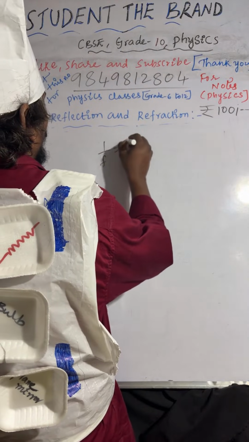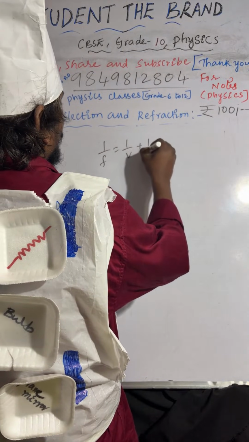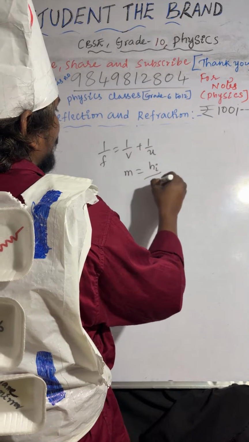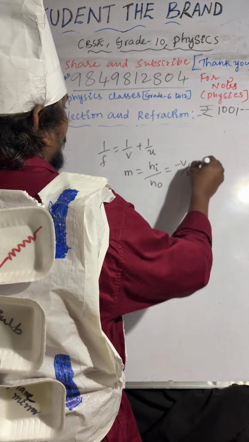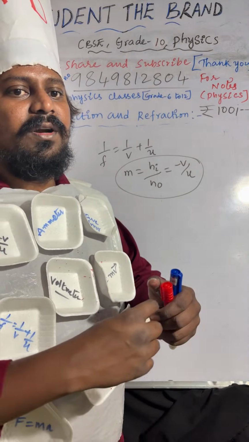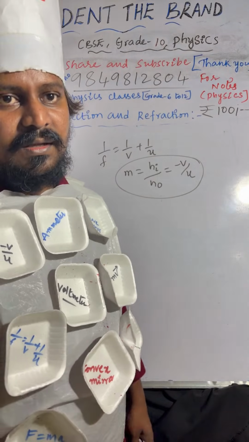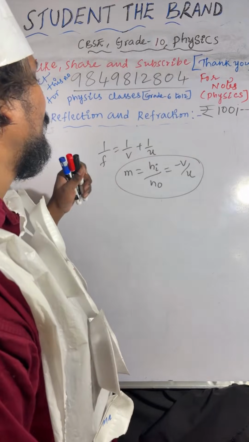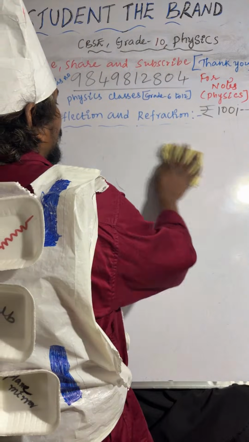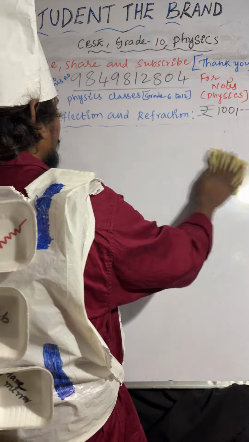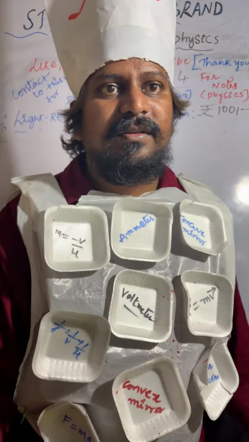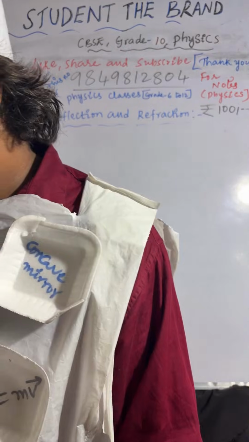Mirror formula: 1 by f equals 1 by v plus 1 by u. Magnification equals height of the image by height of the object, which is nothing but minus v by u. So this is about the mirror formula and magnification. Based on that, we'll discuss a few problems. There are a few questions left, so let's start.